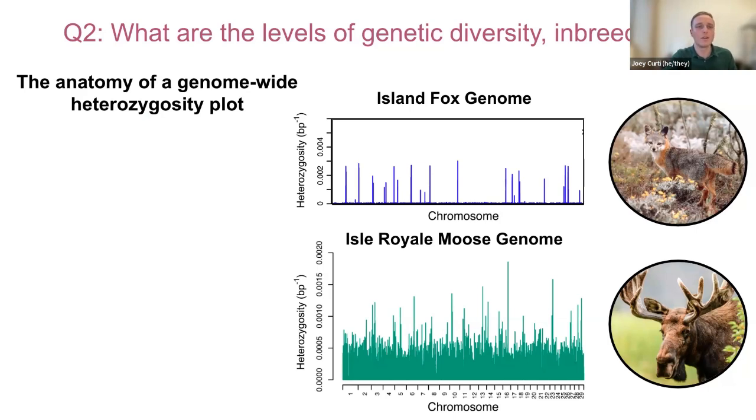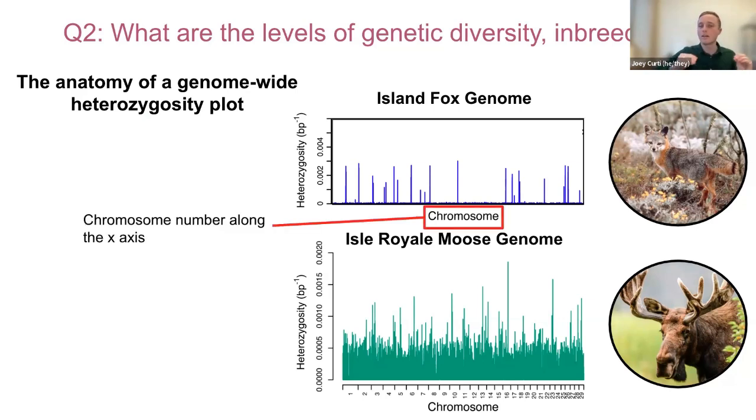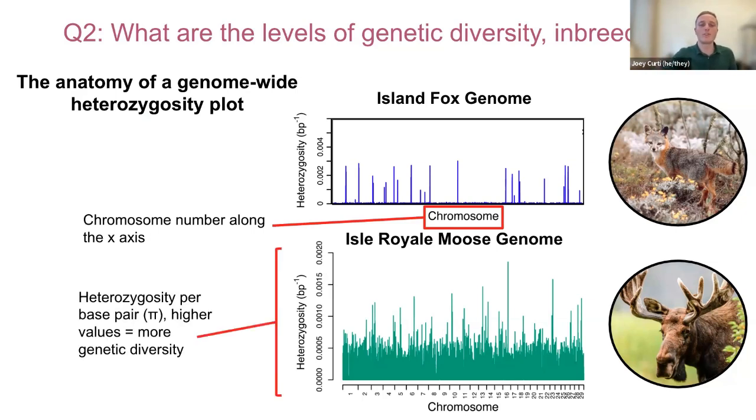So these are what's called a Manhattan plot because they can resemble skyscrapers, I guess. But essentially, these plots show you, along the entire genome by each chromosome, how much genetic diversity we have at any given location. And you can think of genetic diversity as a measure of how different the base pairs are along the genome.